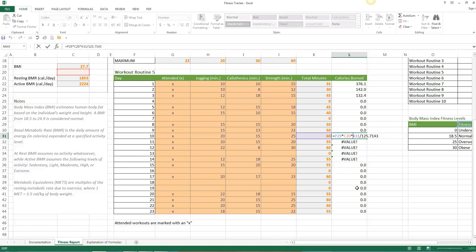Step number 4, look at the second cell reference in the formula. The second cell reference to cell C20 is an empty cell, rather than to cell C11 containing Daniel's weight. Look at the third cell reference in the formula. The third cell reference is cell K31, which contains the total exercise time for the 10th workout, the correct cell reference.